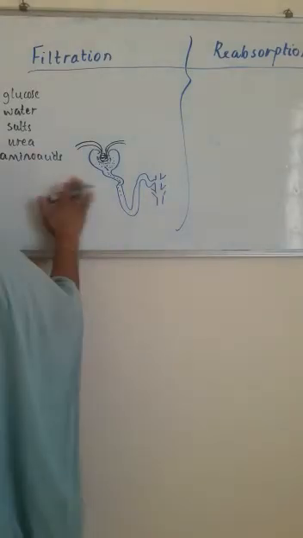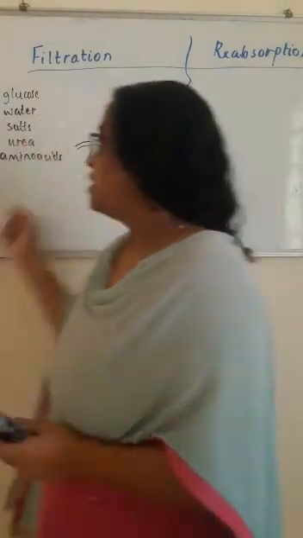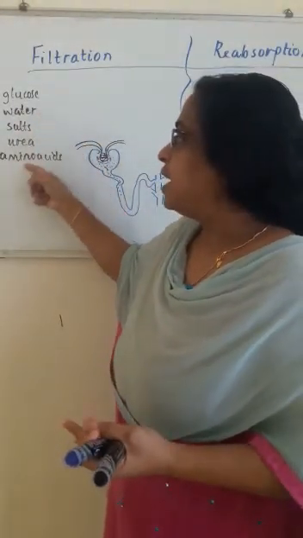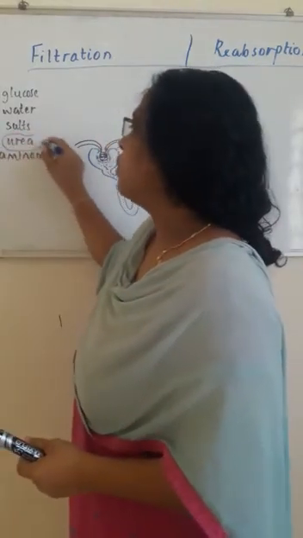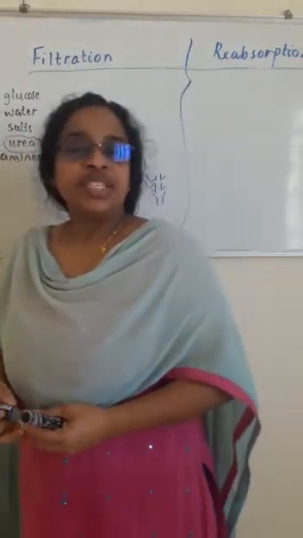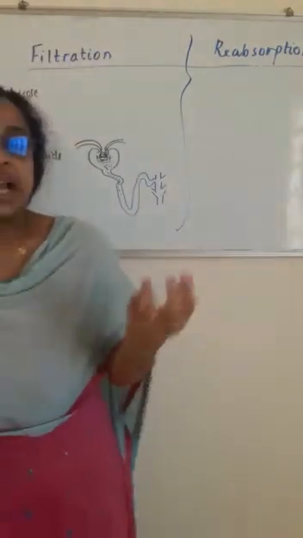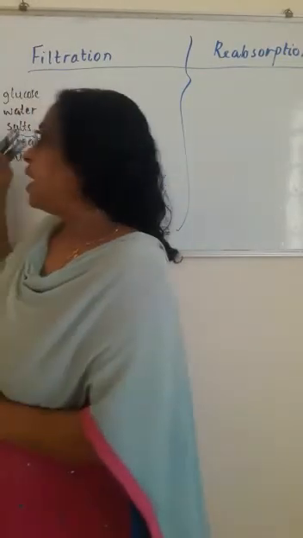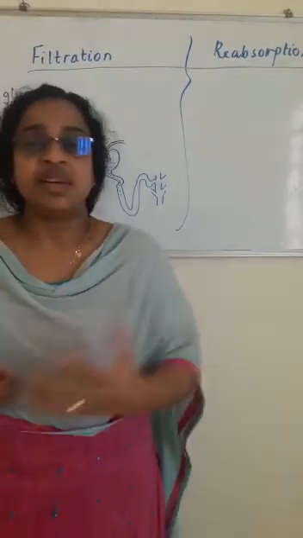But you know that out of these, we need all these things, we need glucose, water, salt and amino acids, except for urea. Urea is the only nitrogenous waste. So all other things must be reabsorbed back into the body. For human beings, whenever we feel thirsty, we can drink water.